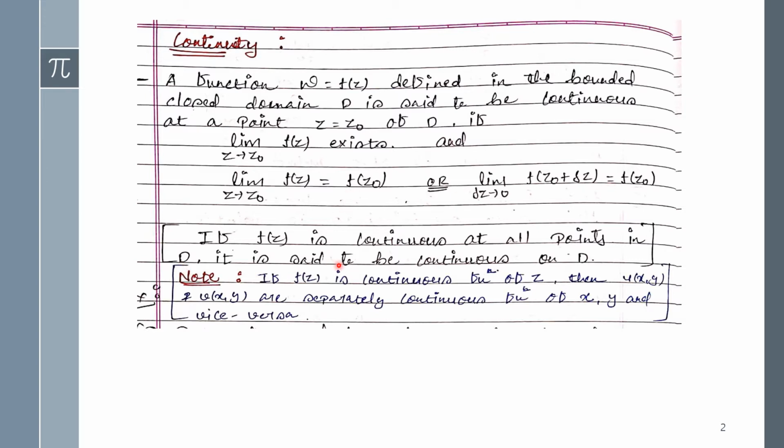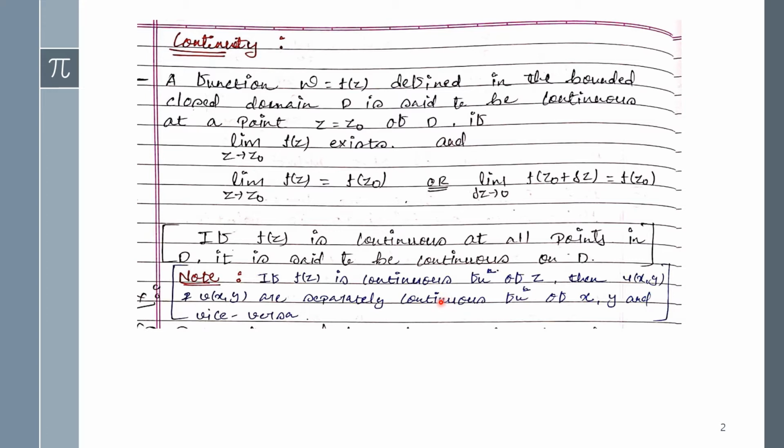Here I have written one note of its definition. If f of z is continuous at all the points, then it is said to be continuous on D. Here I have written one more note: if f of z is continuous, then u and v are separately continuous functions of x and y, and vice versa.